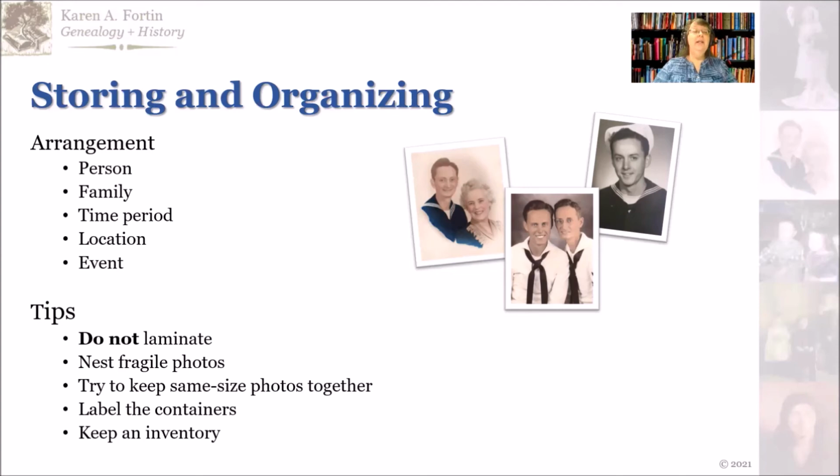You might try keeping photos of the same size together. If you have photos of multiple sizes in a photo box or bin, that bin will probably be sized to fit the largest photos, and the smaller ones in between may shift around, which could cause abrasion to the surface.